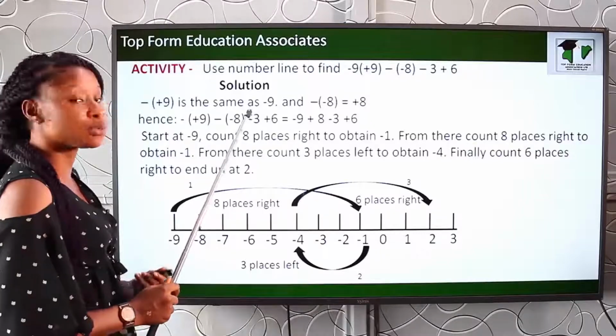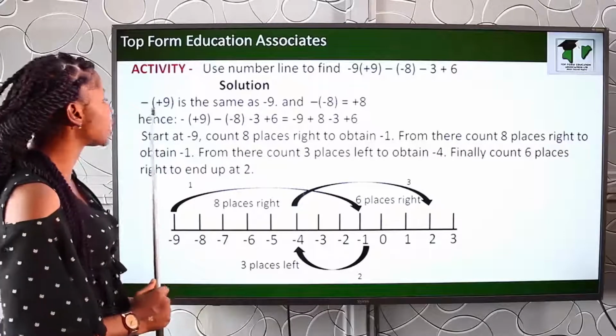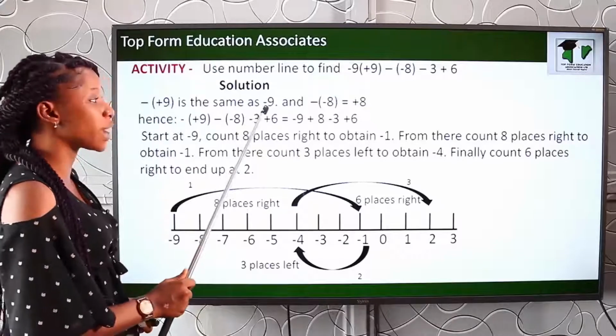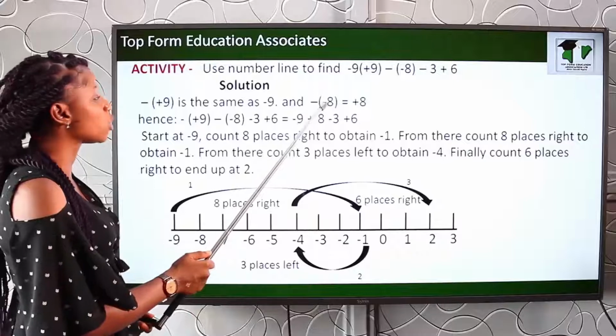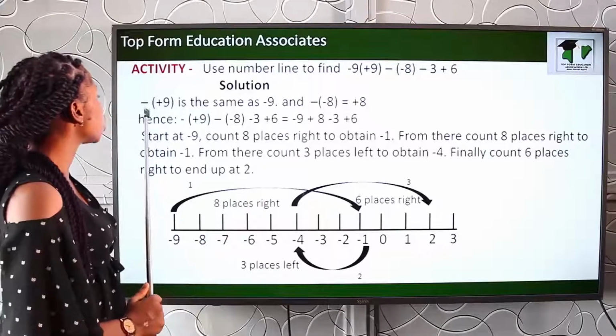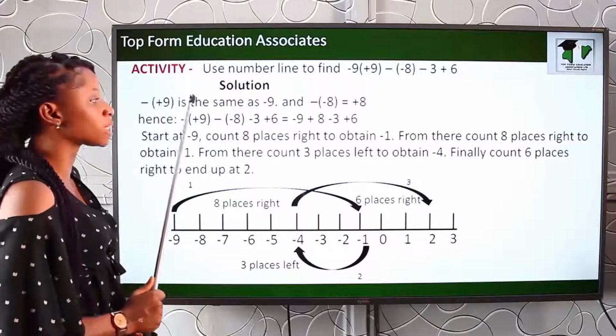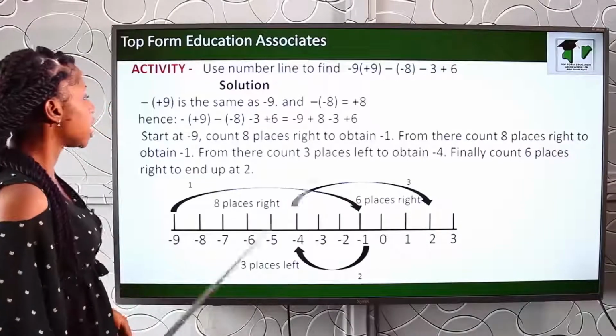Very soon we're going to be looking at the rules of addition and subtraction, then you understand better. Minus 9 plus 9 is the same as minus 9. Why minus 8 is the same as plus 8. Okay? Minus plus 9 is the same as minus 9, and minus 8 is the same as plus 8.